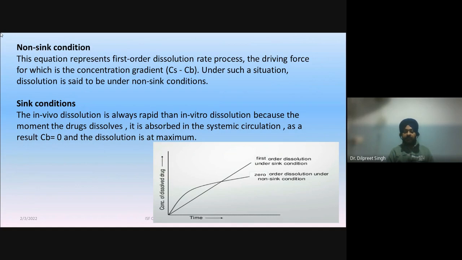As a result, the concentration gradient is effectively zero, and dissolution occurs at a maximum in the sink condition compared to the non-sink condition. In the sink condition, a first order dissolution rate is created, and in the non-sink condition, sorry, zero order dissolution is created at a maximum.